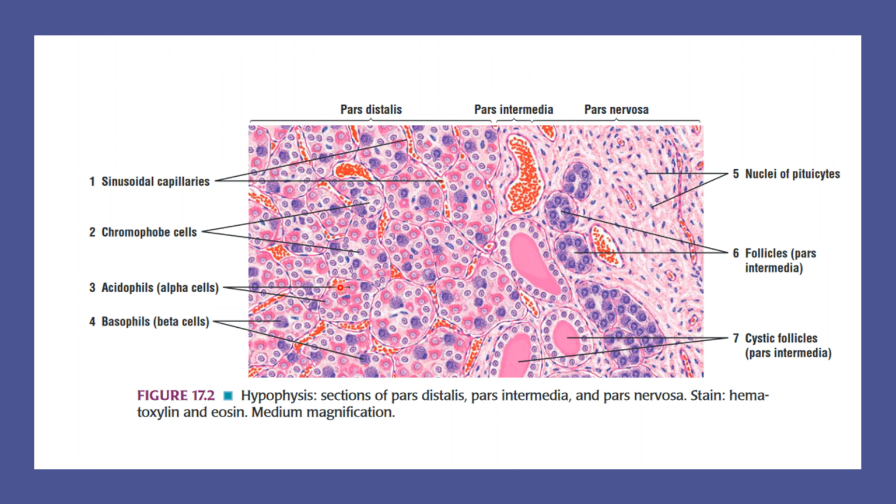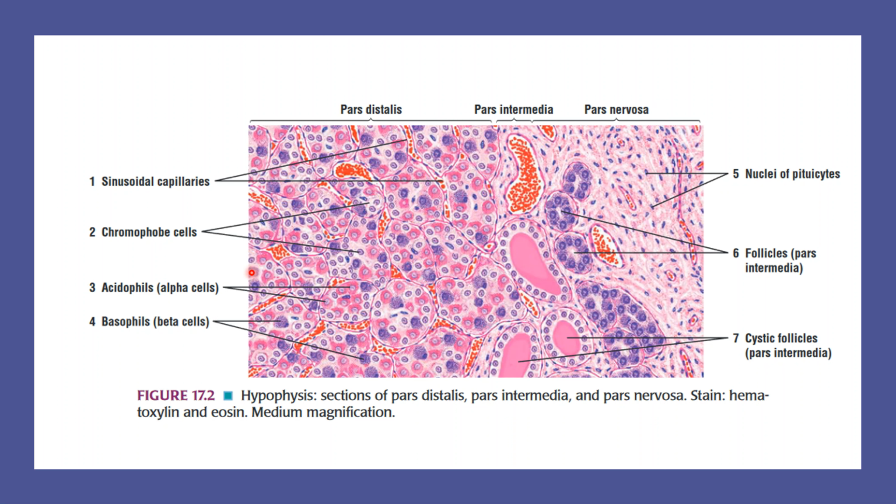The secretory granules in these cells are stained with eosin. Those cells are called acidophils or alpha cells. The other dark stained cells are stained with hematoxylin. Those cells are called basophils or beta cells. These are the two types of chromophils.